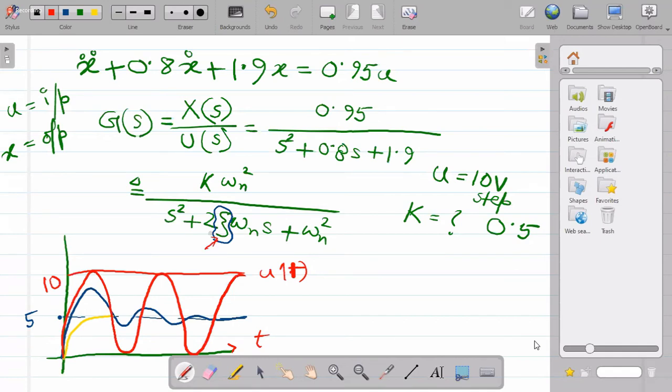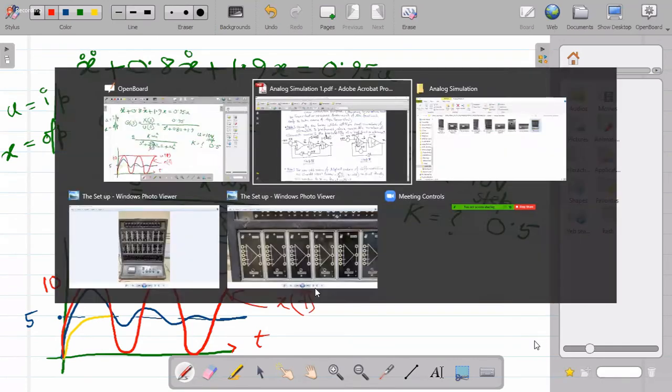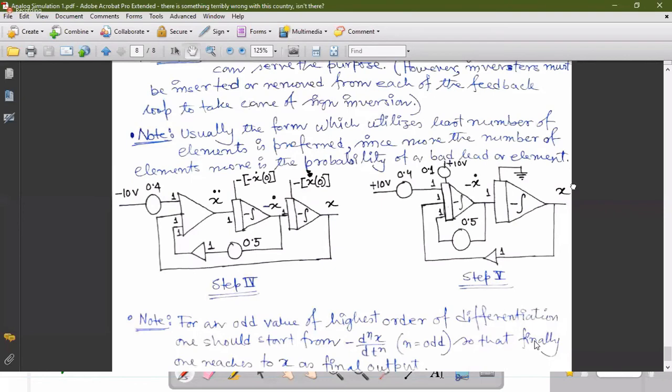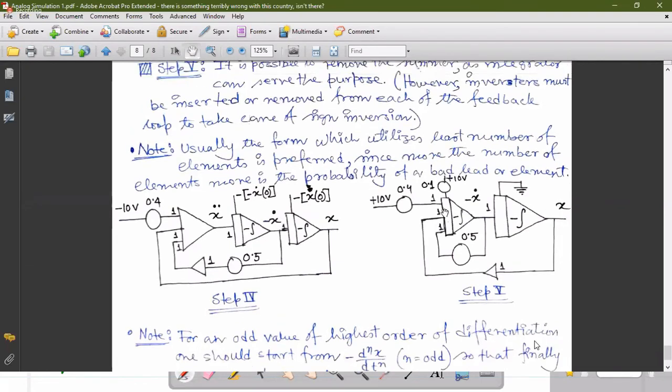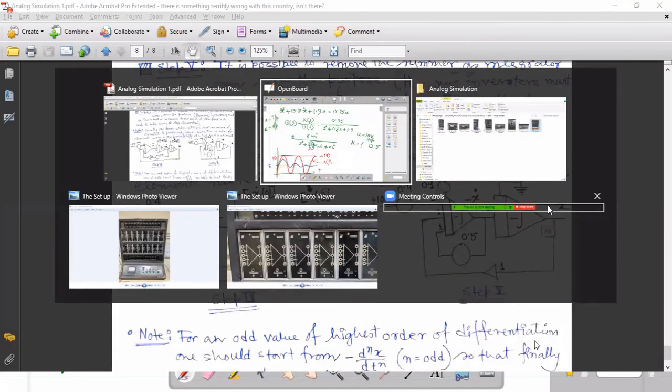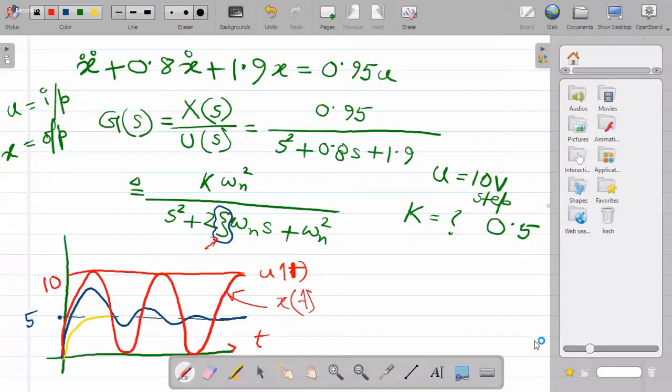The thing is that these responses, that is your x(t) response, you can observe directly at the output of this op-amp circuit. There is no need to go for any other thing. It will be shown if you connect a meter at the output of that, right?